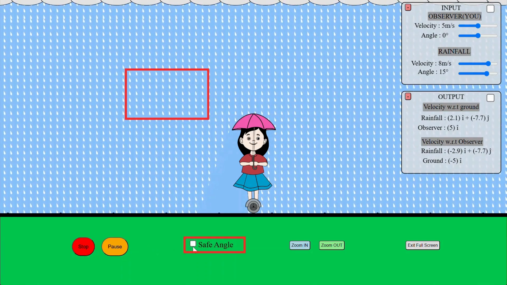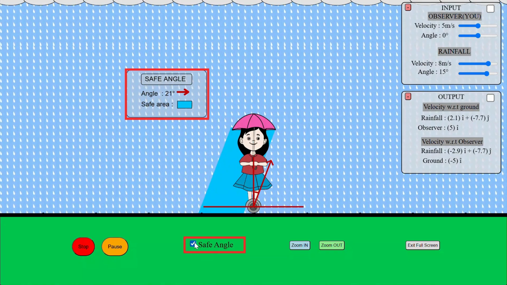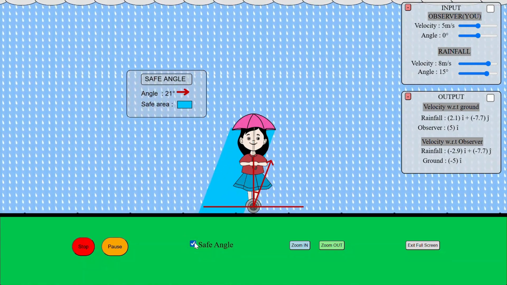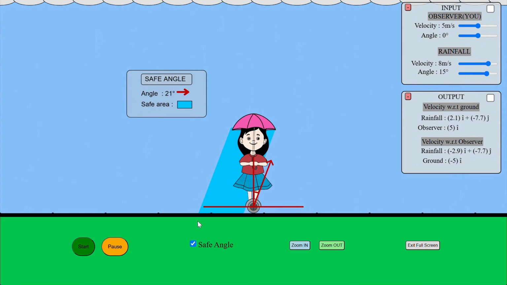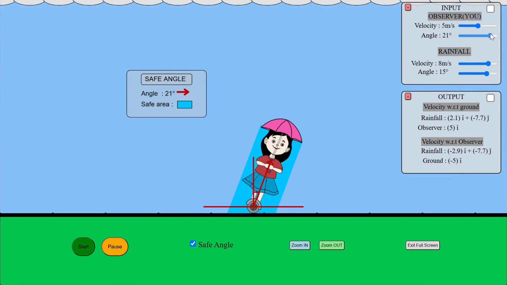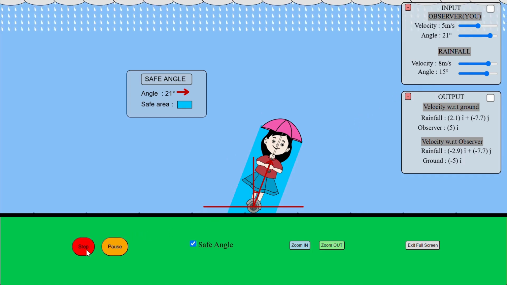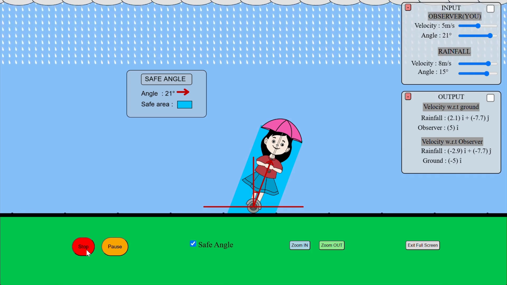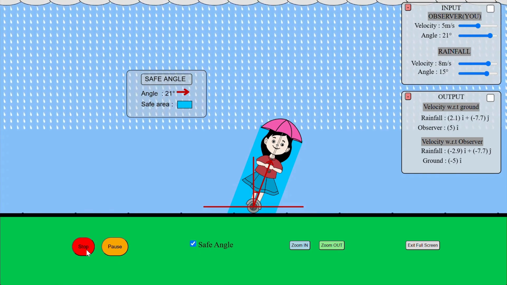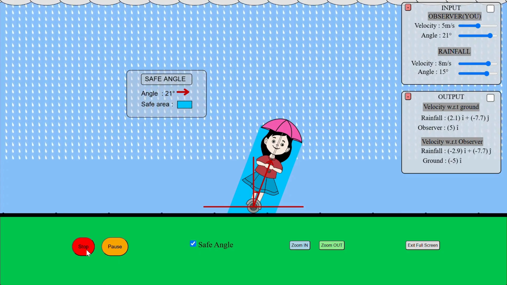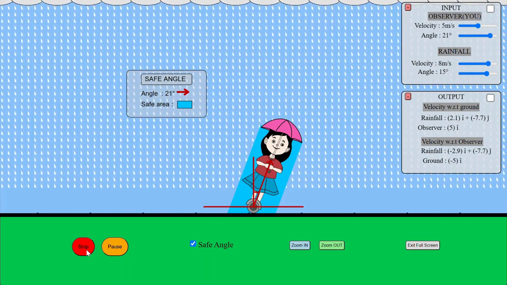Now, check the safe angle, which is 21 degrees. Now, stop the simulation and rotate the umbrella to the safe angle. Now, the observer will be protected from the rainfall.